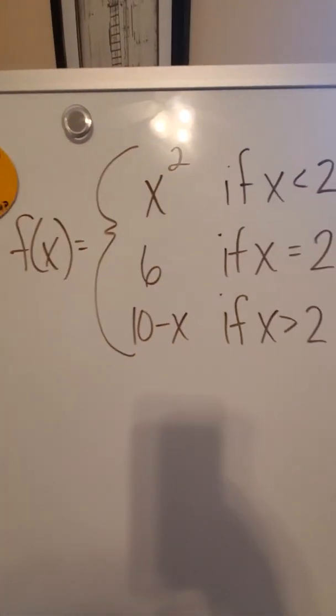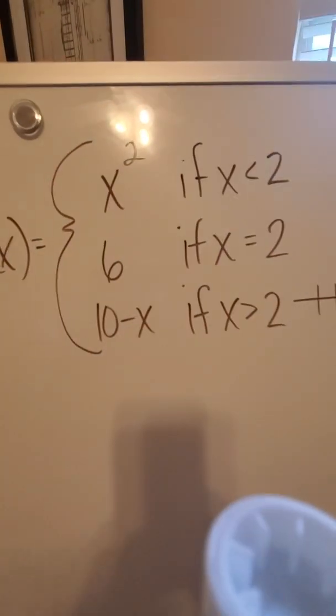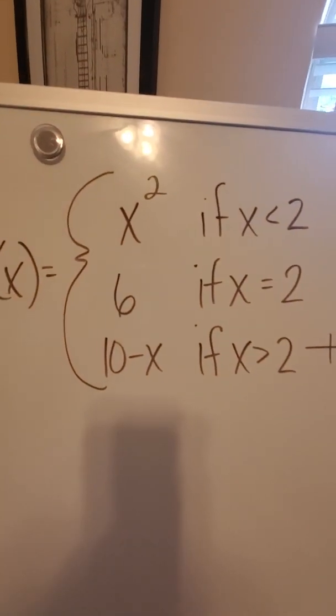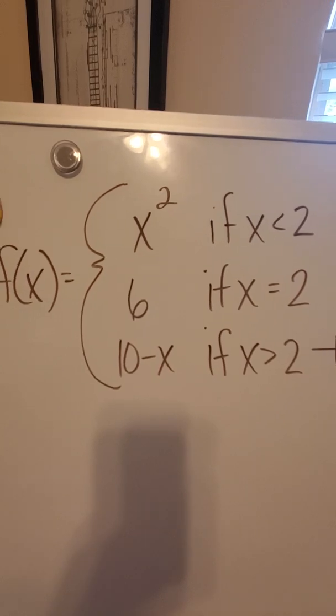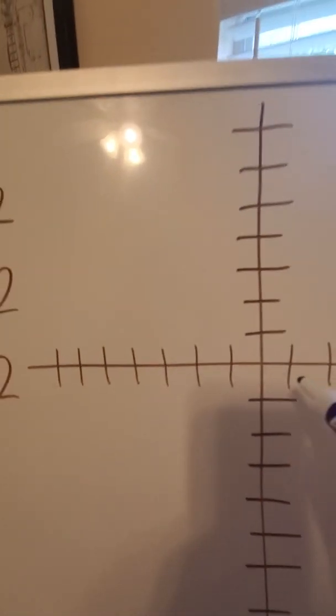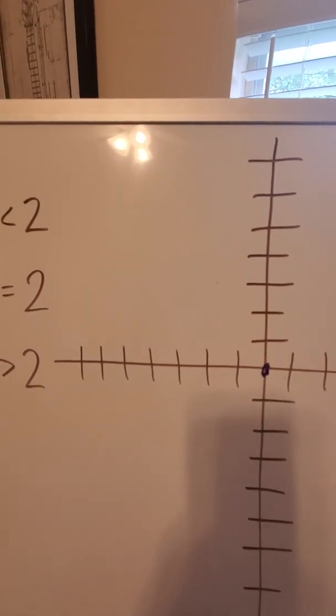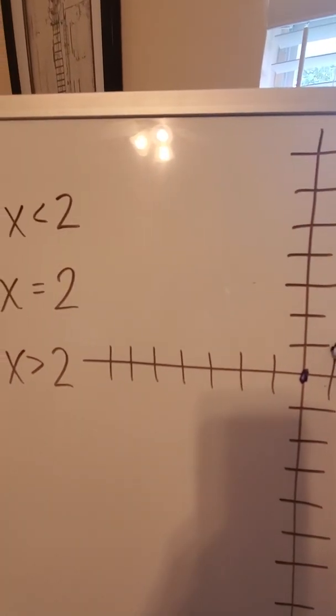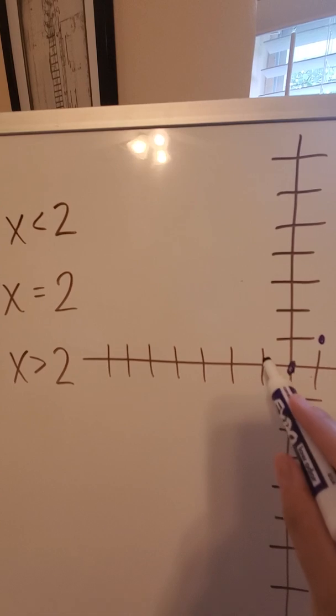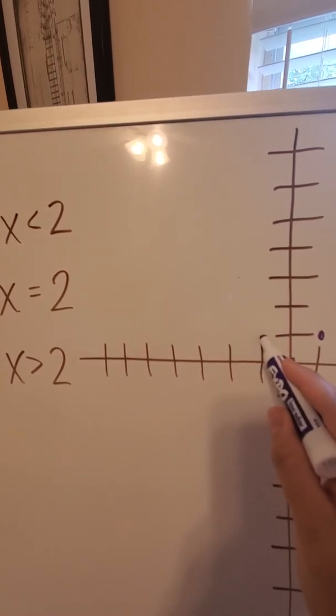If I was going to graph x squared, all you have to do is plug in values for x. If x is 0, then y is 0, because 0 squared is 0. If x is 1, 1 squared is 1. If x is negative 1, negative 1 squared is 1, right?